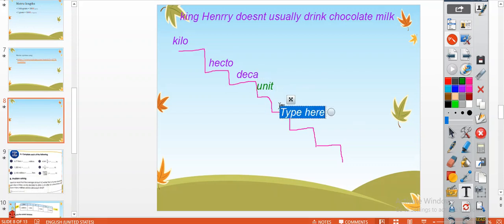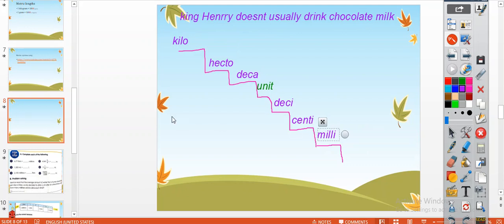Then drink, which is deci. Then centi, well, this takes time, but never mind. Centi. And finally, milli. So King Henry doesn't usually drink chocolate milk, which is kilo, hecto, deca, unit, deci, centi, milli.